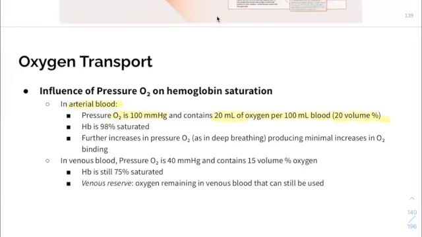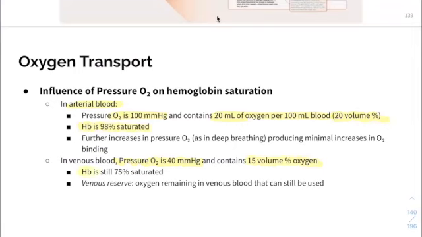We like in our arteries to keep our hemoglobin saturation at 98%. In our venous blood, our oxygen pressure is about 40 millimeters of mercury. And we only have about 15% or 15 volume percent of oxygen.